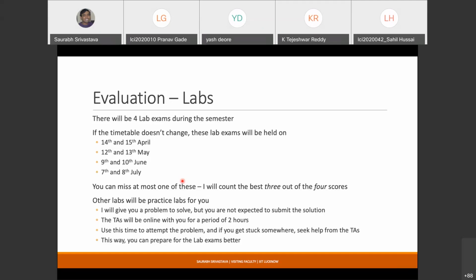The good thing is we've got probably more TAs this time. From what I understand, there will be around 7 TAs per batch. If your strength is around 115 or 120, I'm not sure of the total strength, that would be some 16, 17 students per TA.